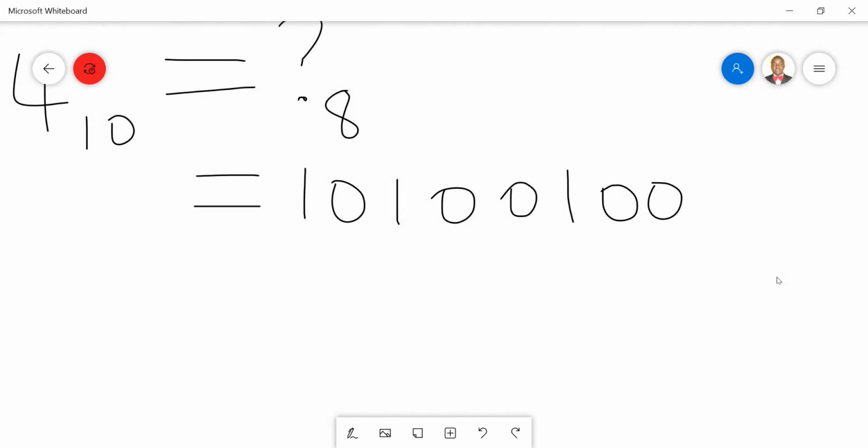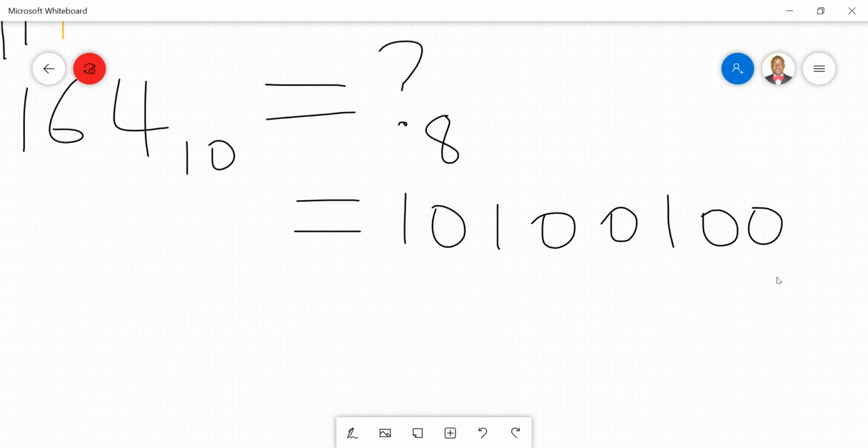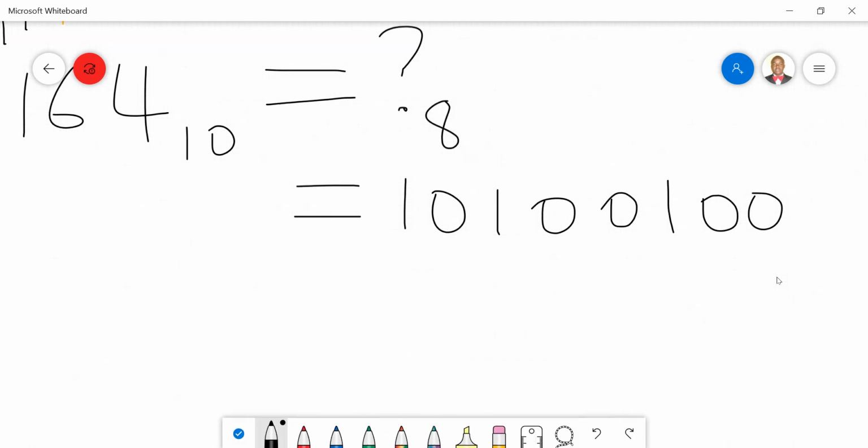Let's again remember, this one is base 2. 164 base 10 is equal to 101000100 base 2. We did it when we did the first conversion.